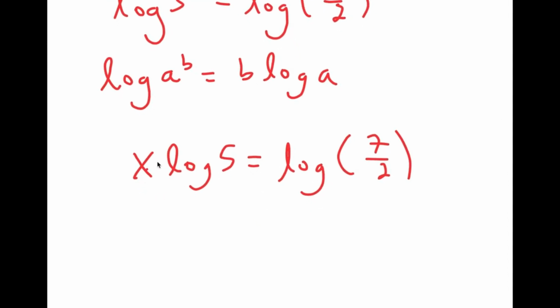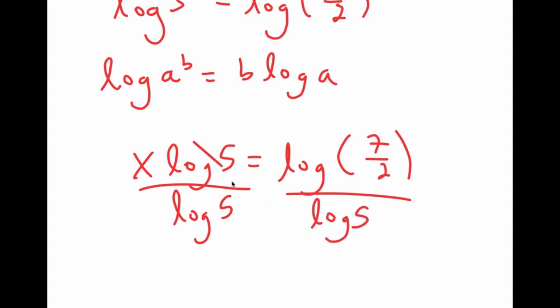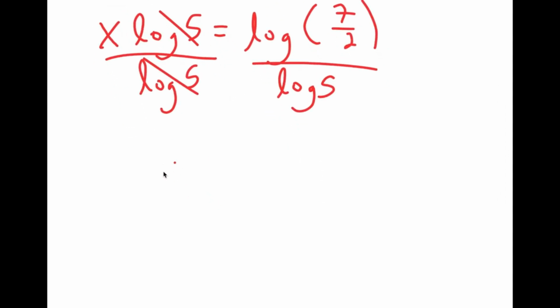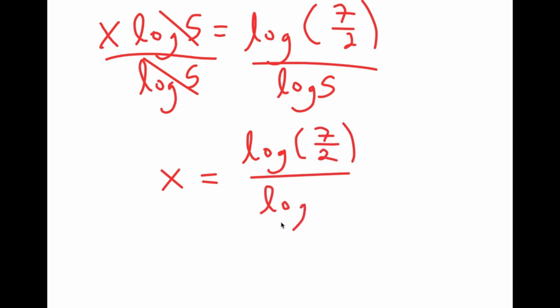Now we want to isolate x, so I'm going to divide both sides by log 5. So now these two cancel out, and I get x is equal to log of 7 over 2, all over log 5.